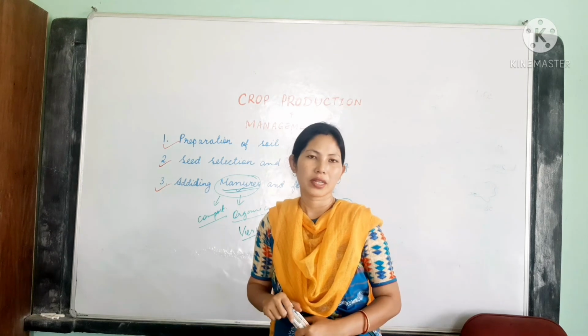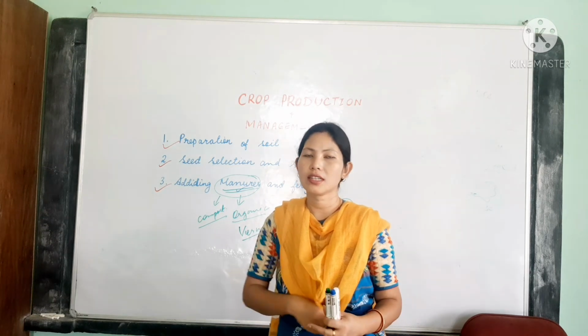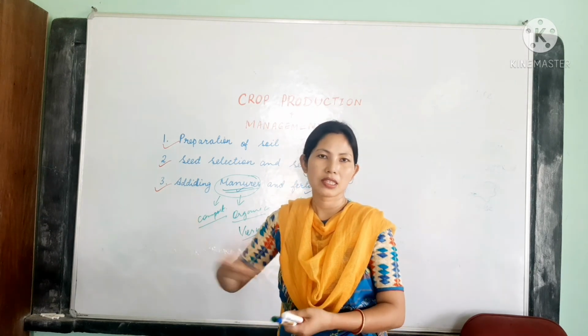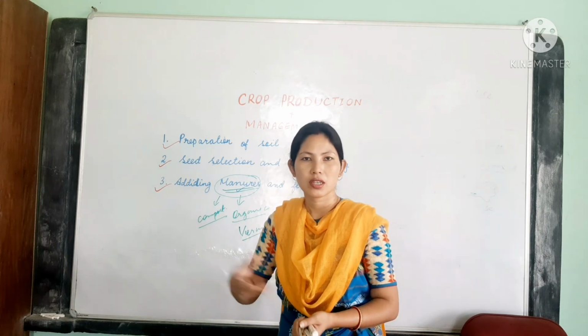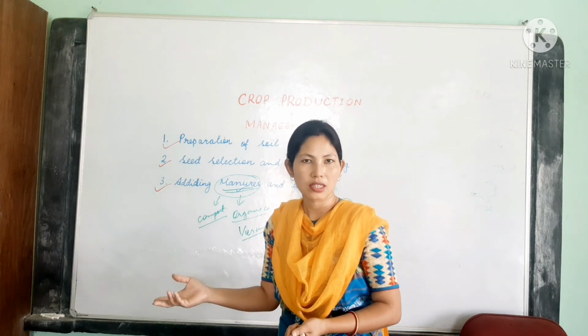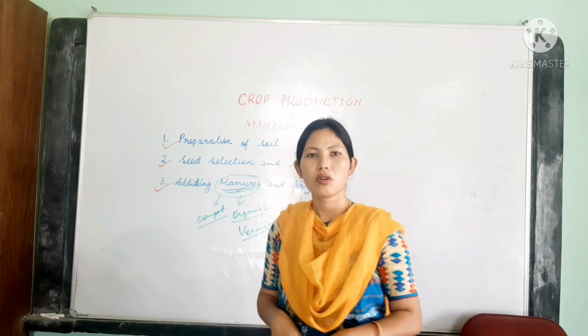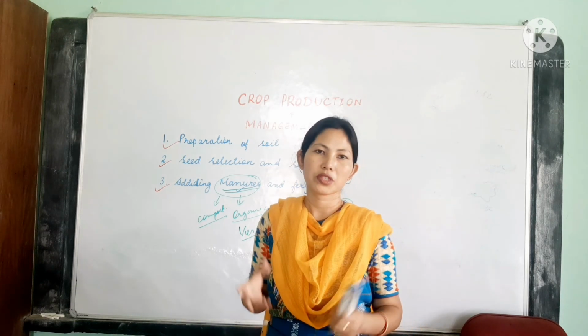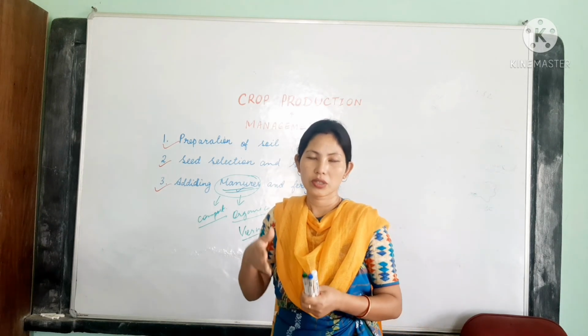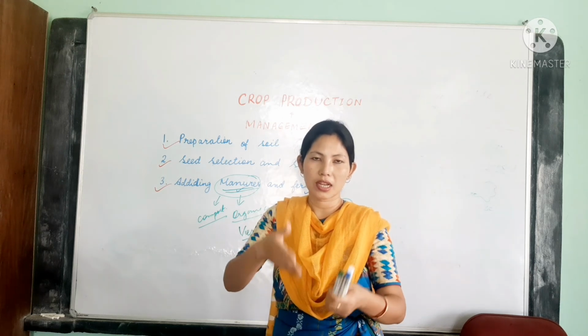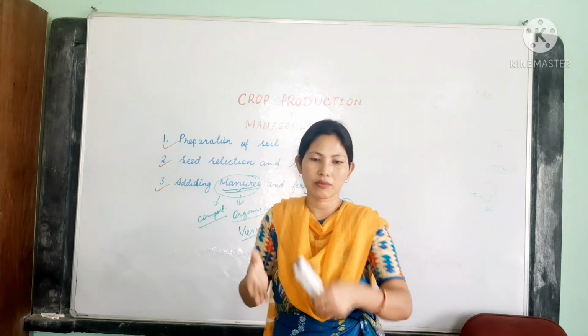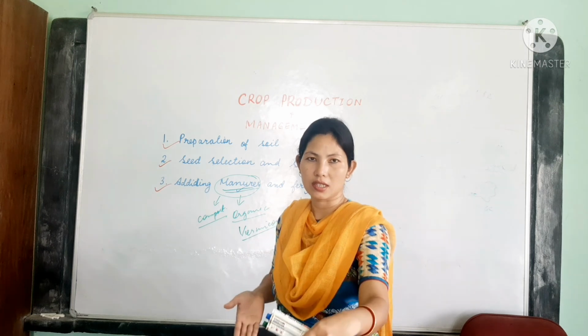There are two methods of sowing. Sowing can either be done by hand, simply or randomly throwing the seeds on the land, which is called broadcasting, the manual method, or sowing can be done with the help of a machine called a seed drill. With a seed drill, the seeds are dropped one by one at a fixed or specific distance, right?